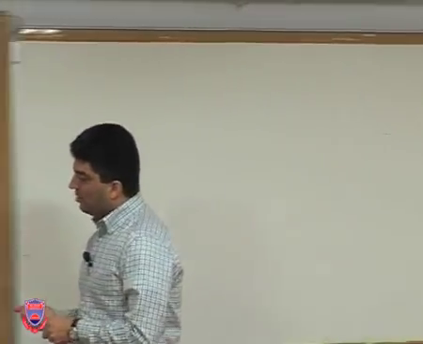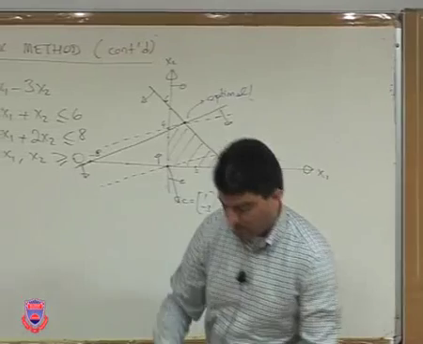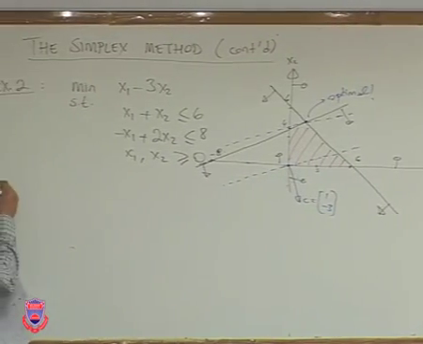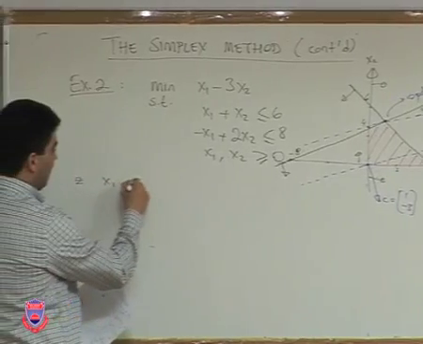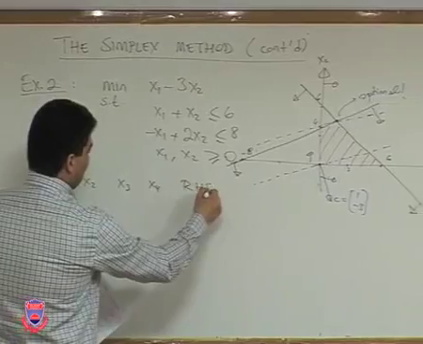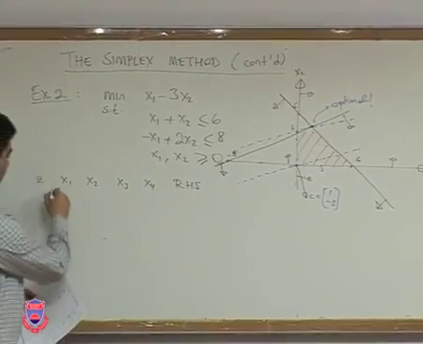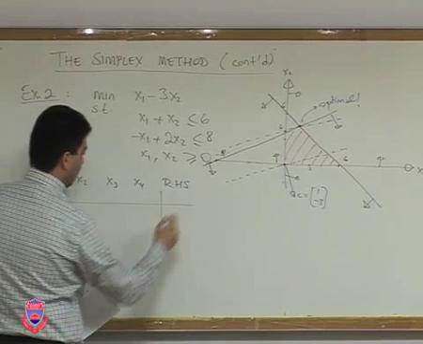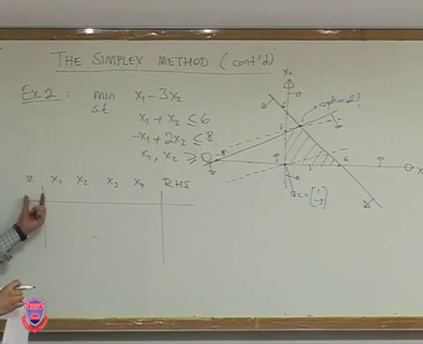I'm going to try to set up the tableau directly. Remember, we define a new variable z for the objective function. Then I have my variables x1, x2, x3, x4, and my right-hand side vector. Now, what does row 0 look like?